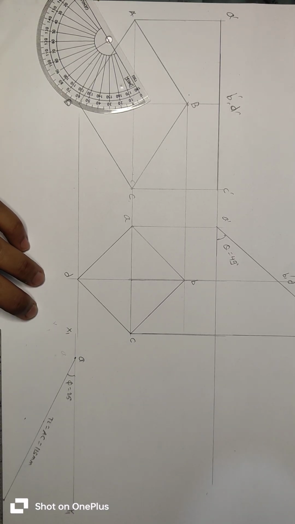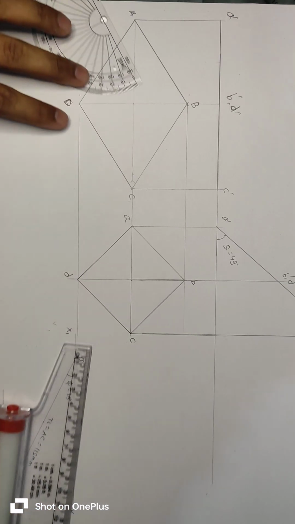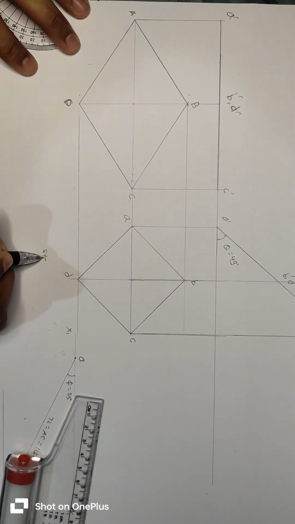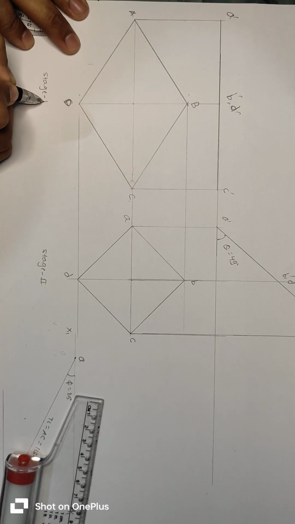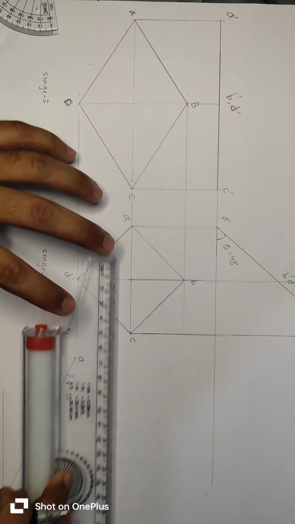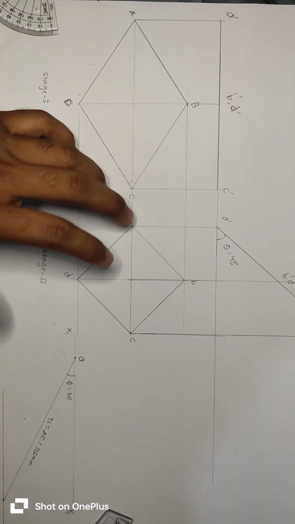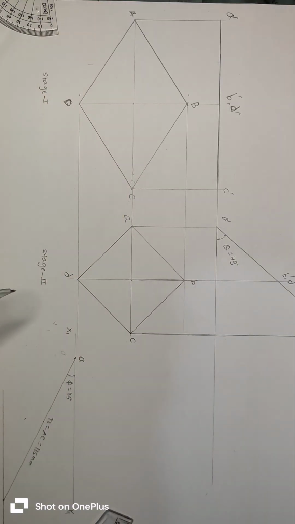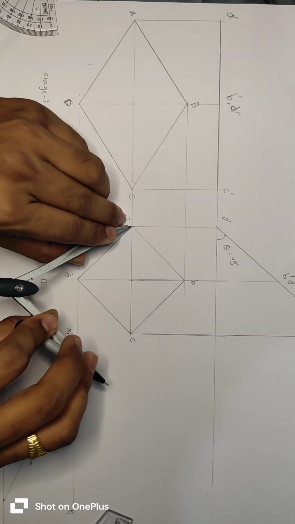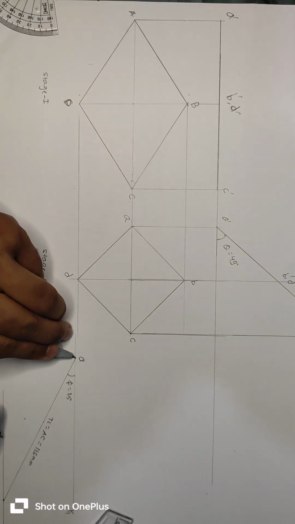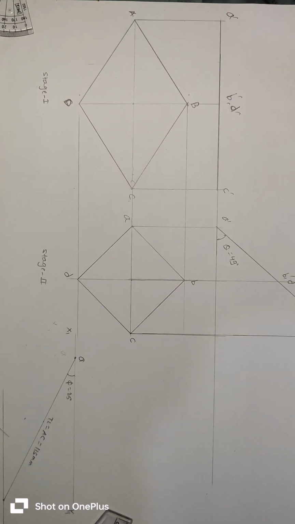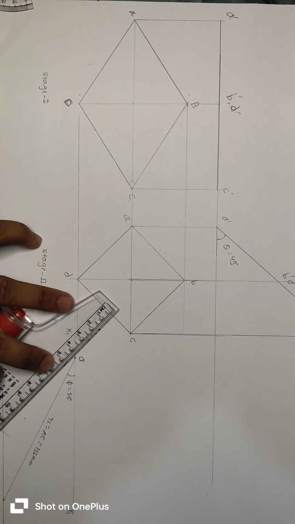Now from this point draw a locus line parallel to XY, and the stage 2 diagonal is the plan length. So this is the plan length, and the plan length is equal to 75 mm. From this point we will draw an arc of 75 mm, and this becomes the plan length.